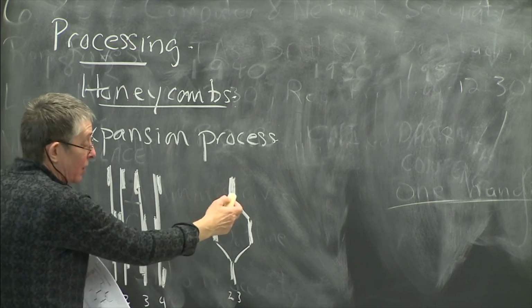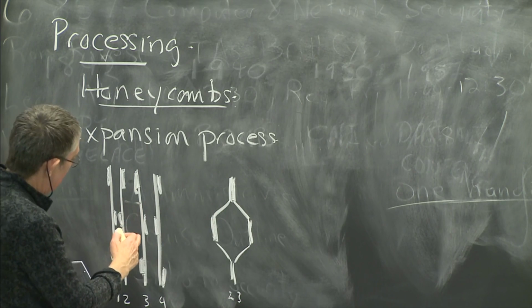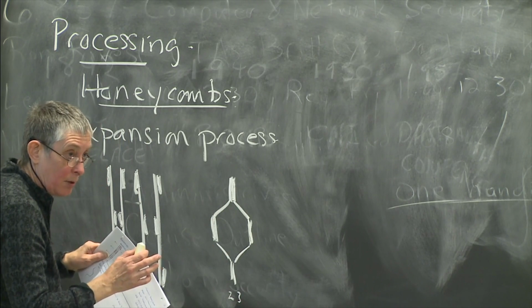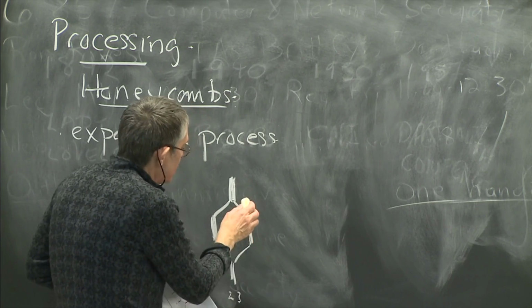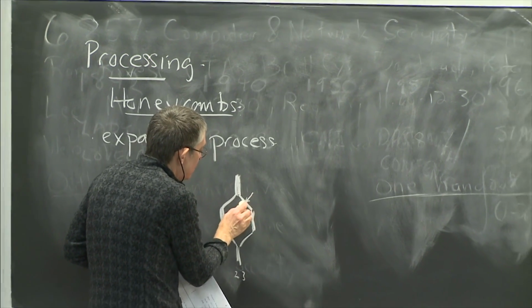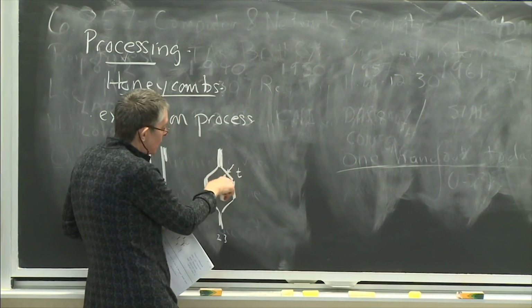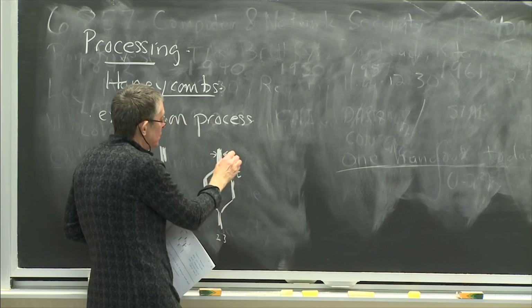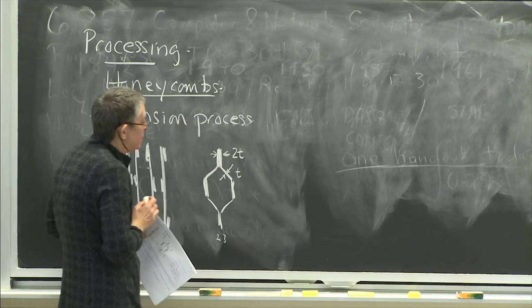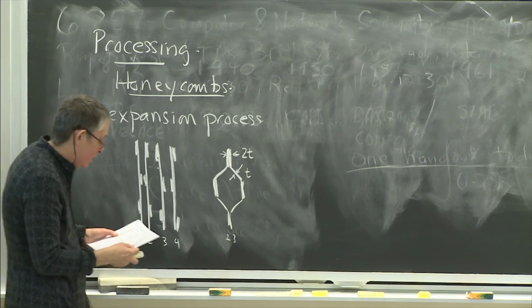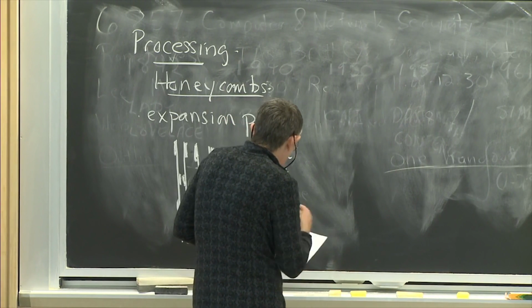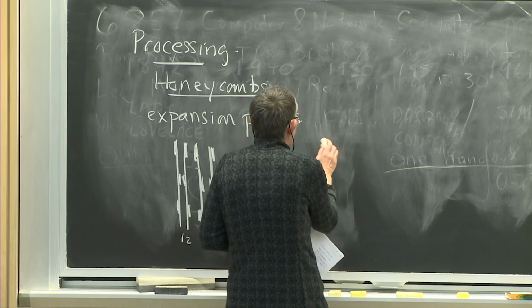Where it's not glued, you get them doing that, and then it's glued again down here, and so you get this kind of pattern, okay? And one of the things about these honeycombs made by the expansion process is these inclined walls have a thickness T, and because there's 2 sheets up here, the vertical walls have a thickness 2T. So that's typically what you see in the commercial honeycombs that are made this way.